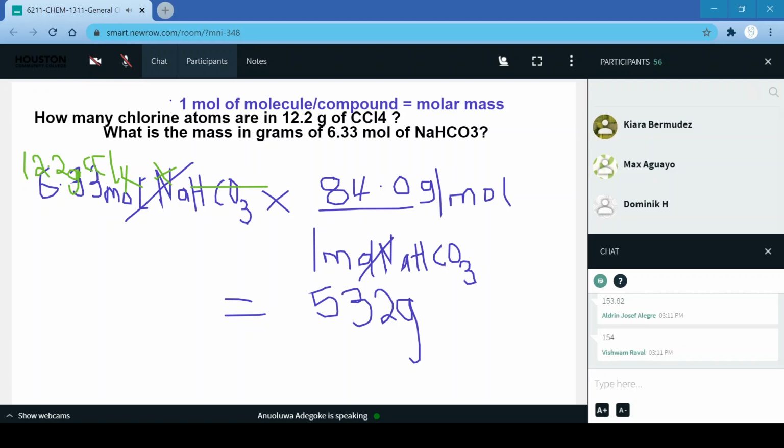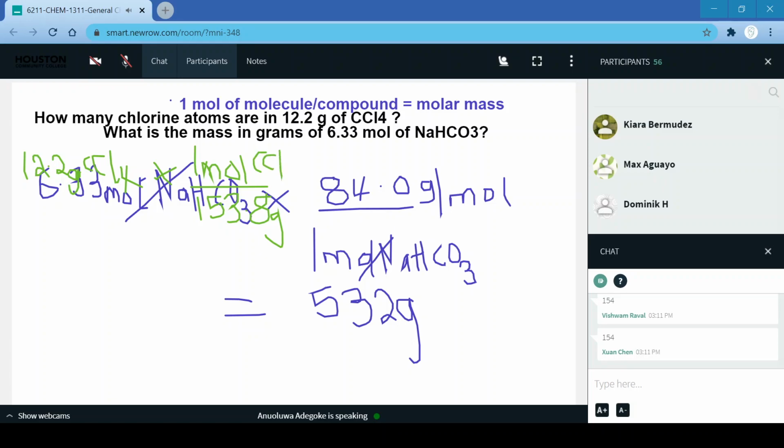Very good, 153.8. Okay, so that's 153.8 gram that contains 1 mole of carbon tetrachloride.